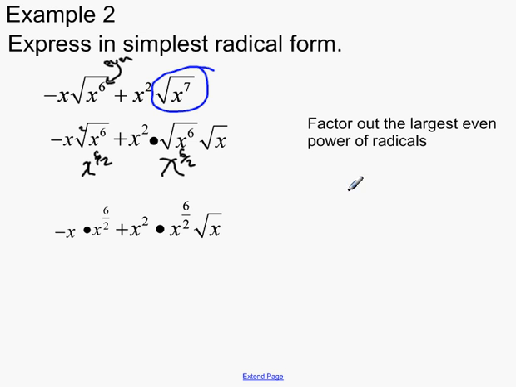Now just simplify. So this is just negative x times x to the third, plus x squared times x to the third, radical x.